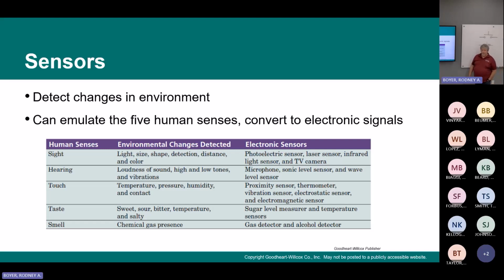No, it's a Brix meter, BRIX. It measures the concentration of sugar in a liquid. And then smell, gas presence. They have gas detectors that are capable of detecting just about any kind of gas you want to, whether it's propane, isopropyl alcohol, gasoline, ammonia, sodium hydroxide.